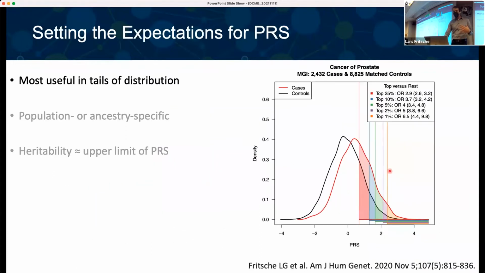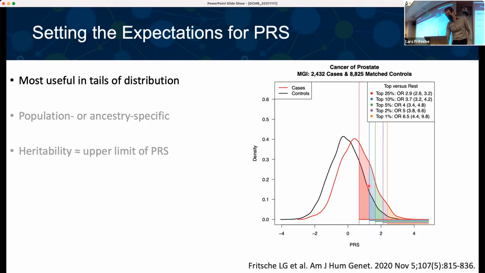And so before I talk about PRS, I want to set the expectations. Right now, the polygenic risk scores we're using are most useful in the tails of the distribution, and that can be shown here. When you look at cases and controls, you can see this area where there's a large overlap, so you're not able to differentiate cases from controls.